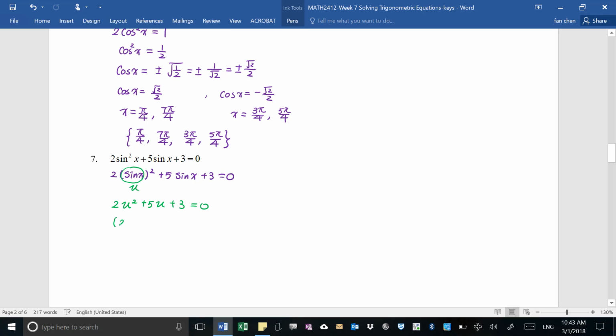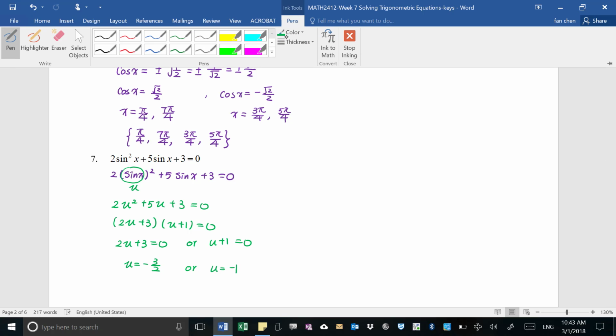So if we factor that, that's 2u plus 3 times u plus 1 equals 0, which means 2u plus 3 equals 0, or u plus 1 equals 0, which means u is equal to negative 3 halves, or u equals negative 1. Right?